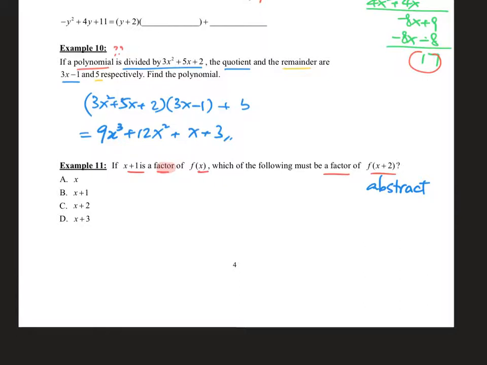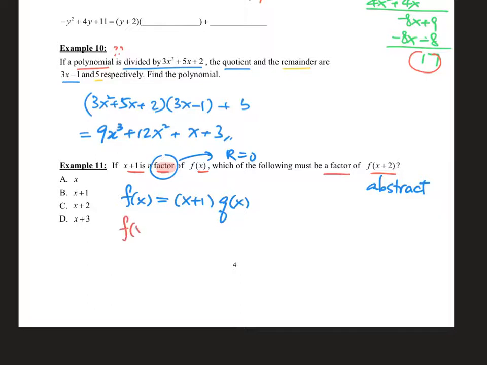As a result, the division algorithm may be helpful in this situation. Because the division algorithm tells you that f(x) is divided by x plus 1, which is a factor, there should be a quotient. The meaning of factor is that the remainder is equal to 0, so there's nothing at the end of the function. So this is the formula for f(x).